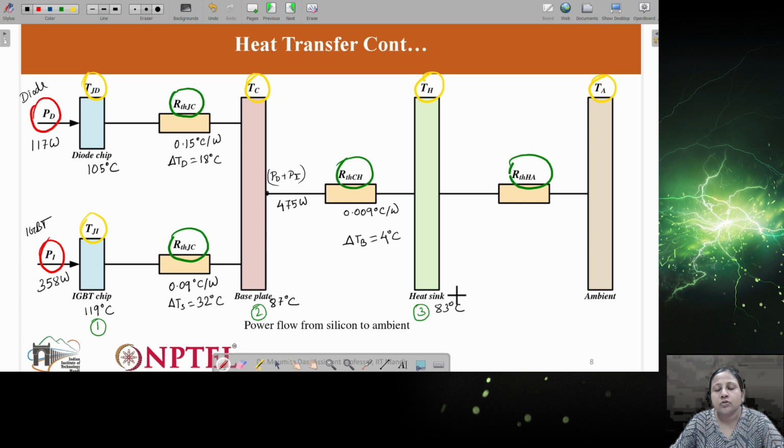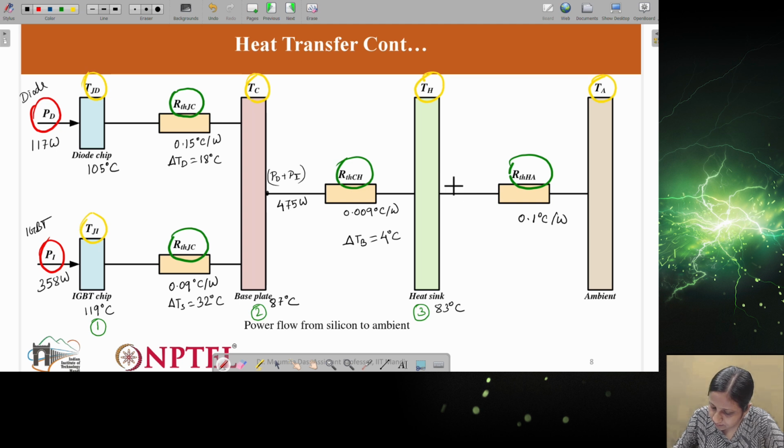Okay. So now the heat sink will also have some thermal resistance between heat sink and ambient. So let's say this thermal resistance is equal to 0.1 degrees Celsius per watt.